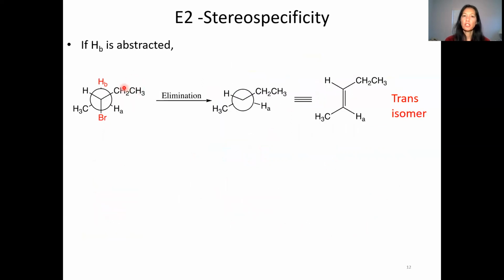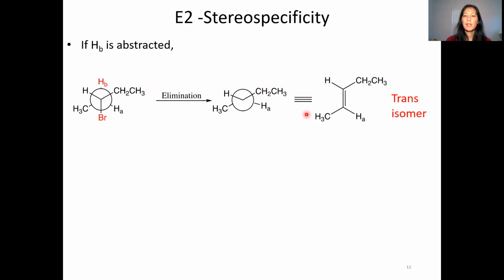If I create anti-periplanar for HB, which you can, you just rotate the bonds, then you can undergo the same sort of deprotonation and elimination. Bromine leaves, you get this alkene product, and you can see these groups are opposite, so you get the trans isomer.